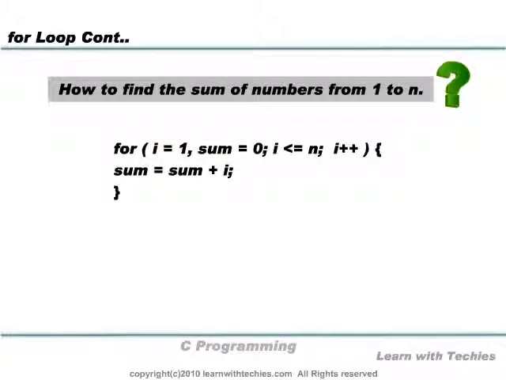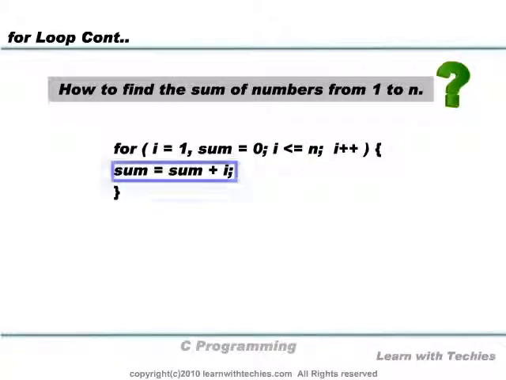Next we need to set the condition that determines when the loop has to be exited. Since we have to find the sum of numbers from 1 to n, when the value of i goes beyond n, we need to exit. Hence, the condition for the loop will be to continue as long as i is less than or equal to n.